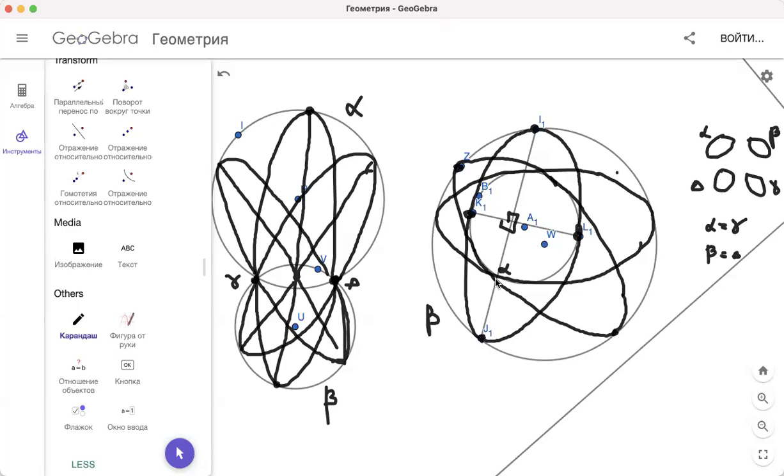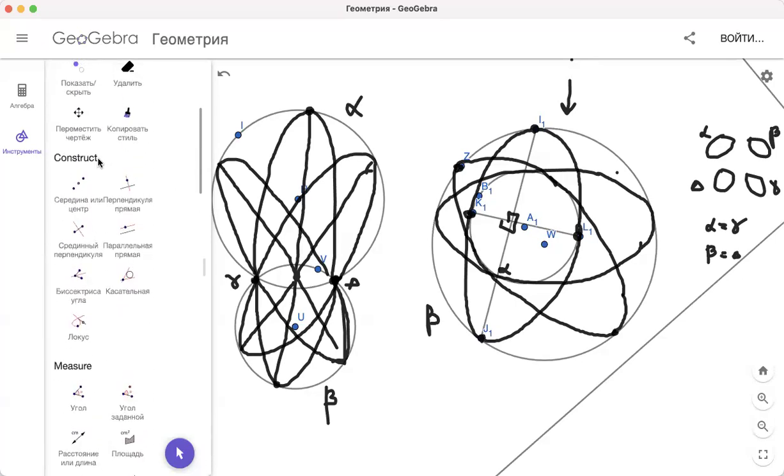Okay, maybe it will be a good idea to prove that here we have similar conics. Let me prove this for this example. I have three proofs for this statement.